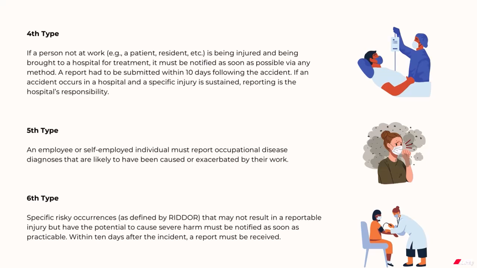An employee or self-employed individual must report occupational disease diagnoses that are likely to have been caused or exacerbated by their work. Sixth type. Specific risky occurrences as defined by RIDDOR that may not result in a reportable injury but have the potential to cause severe harm must be notified as soon as practicable. Within 10 days after the incident, a report must be received.